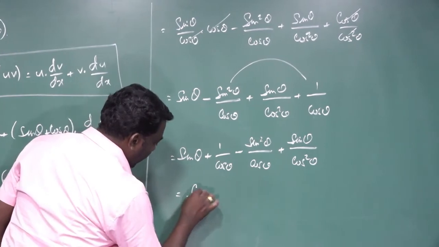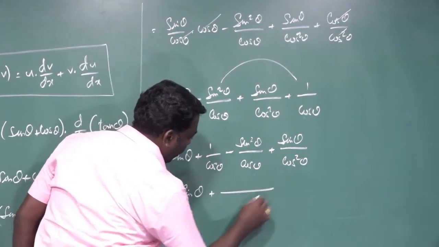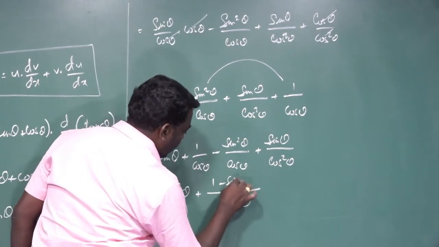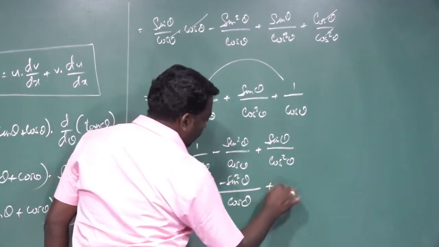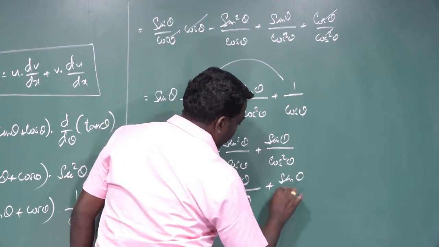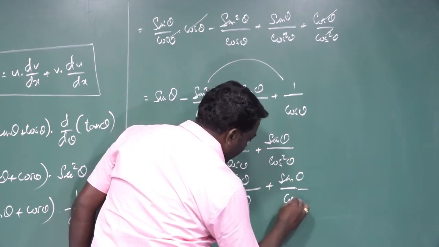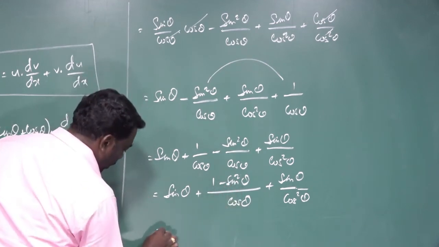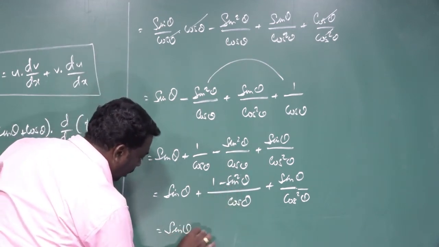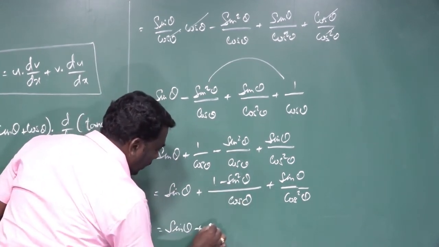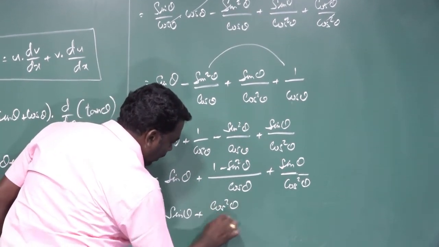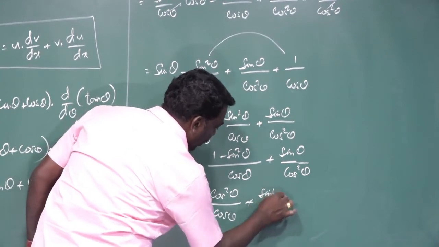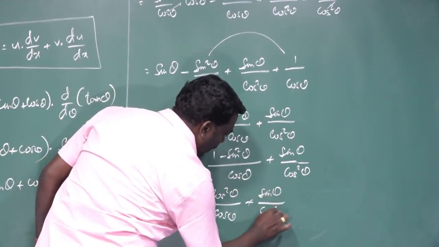Therefore, sin theta plus (1 minus sin square theta) over cos theta, plus sin theta by cos square theta. We know 1 minus sin square equals cos square, so it is sin theta plus cos square theta by cos theta, plus sin theta by cos square theta.